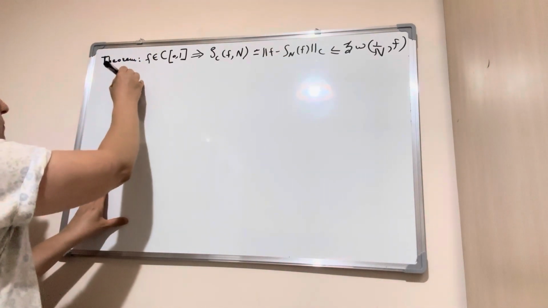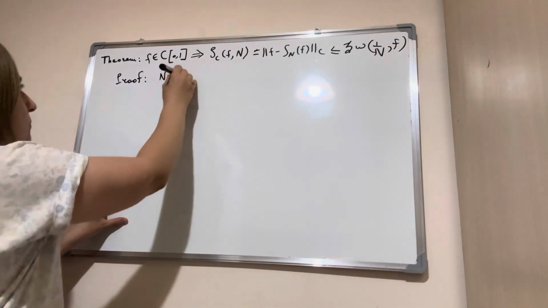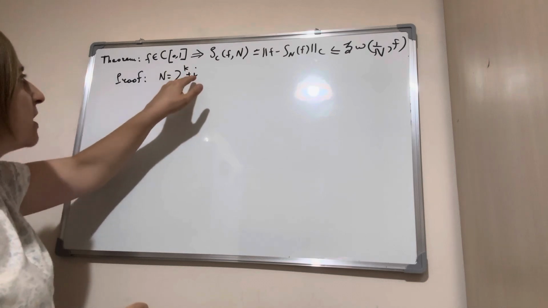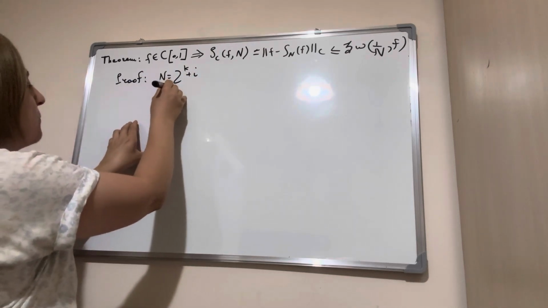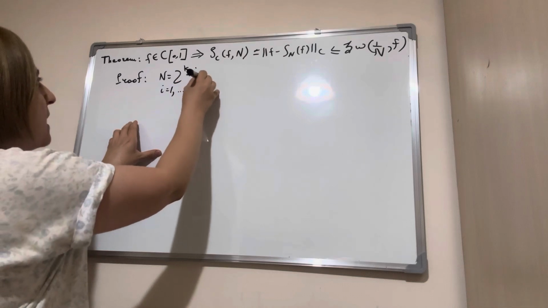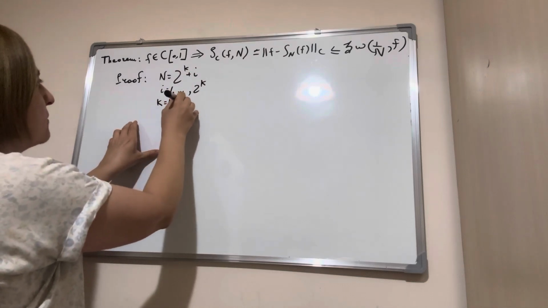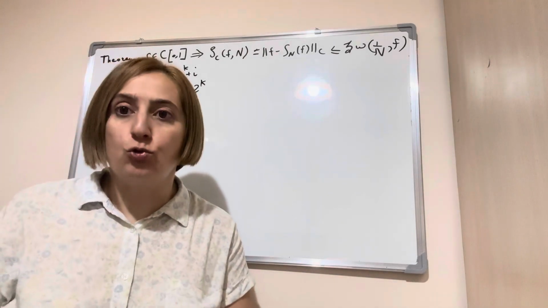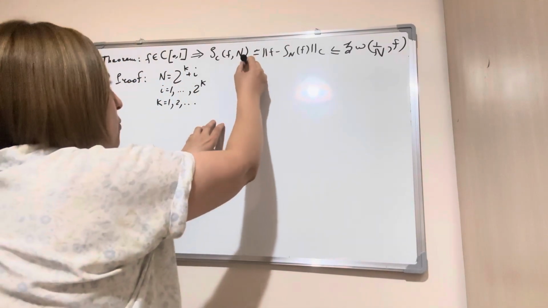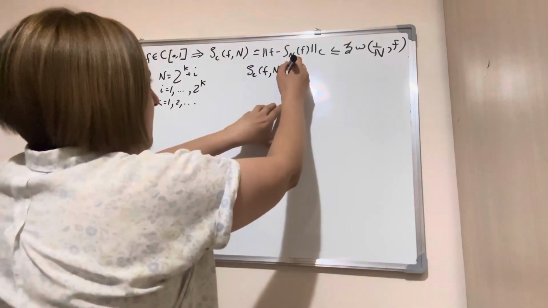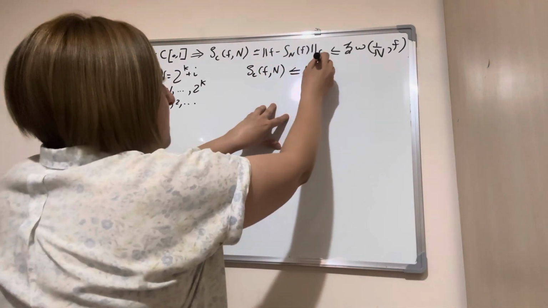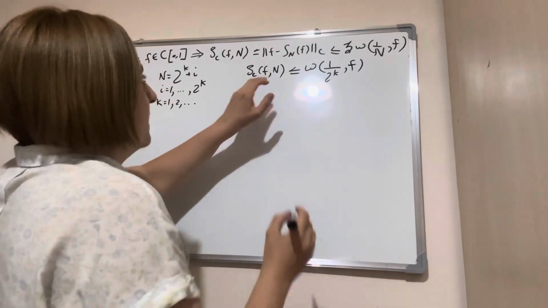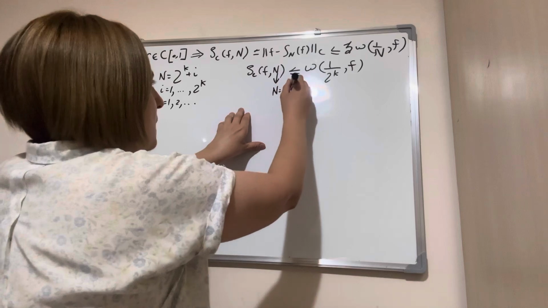Now, we take n equal to 2^k plus i, where i is from 1 to 2^k, and k takes the values 1, 2, etc. We also recall that for the case n equals 2^k, we had rho_C(f, n) less than or equal to omega(1 over 2^k, f) when n equals 2^k.